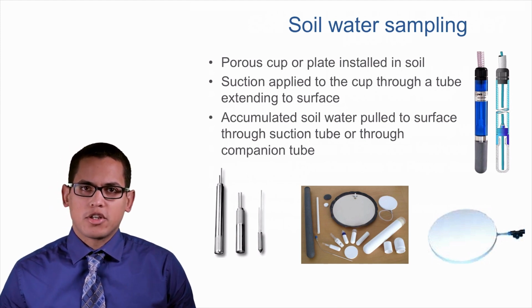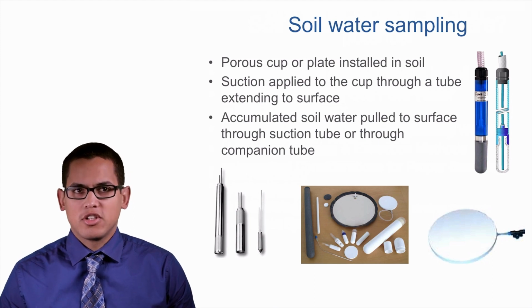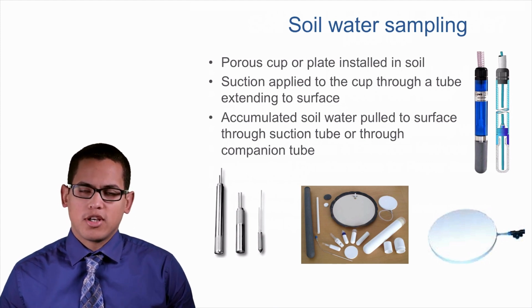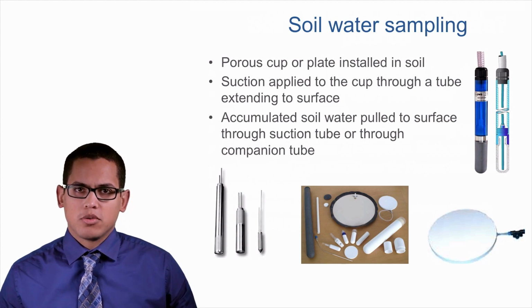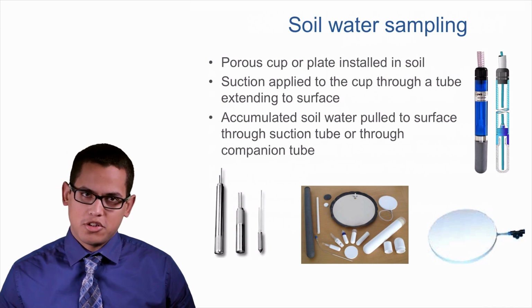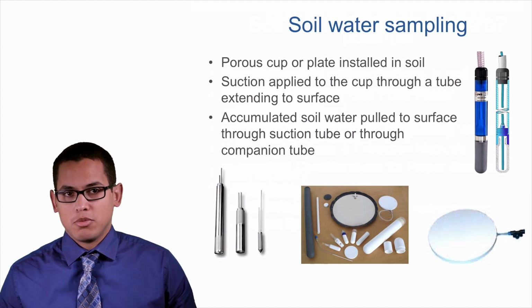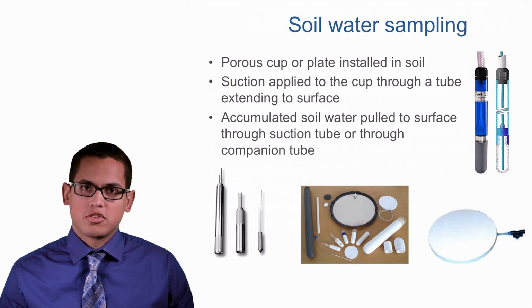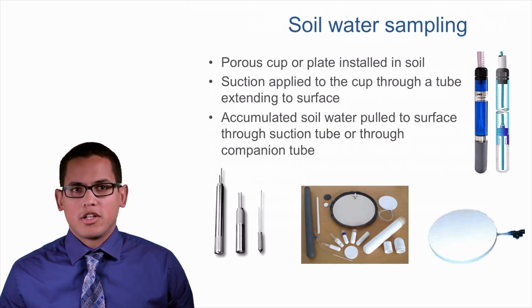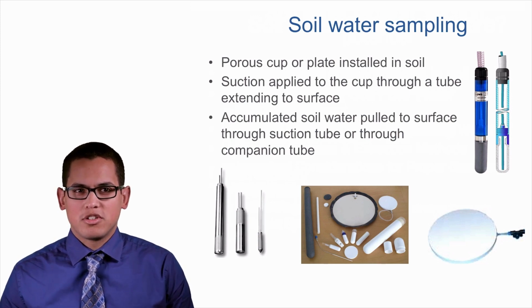Suction is applied to the cup through a tube extending to the surface, and that's how we pull the sample through these materials. The accumulated soil water is pulled to the surface through the suction tube or through a companion tube. There's another technique where you can have soil solution stored in a shaft and it can be pushed or pulled through a secondary tube. You can see some examples in these stainless steel pore water samplers.